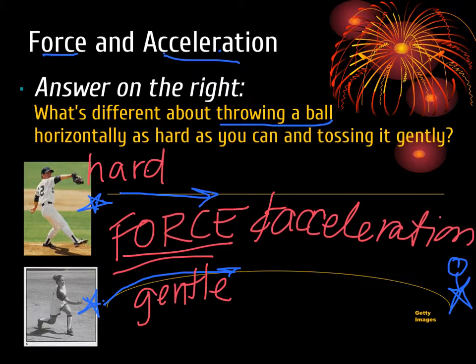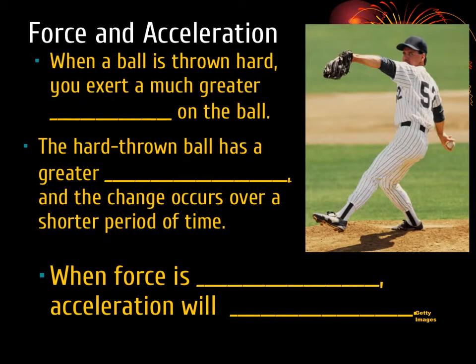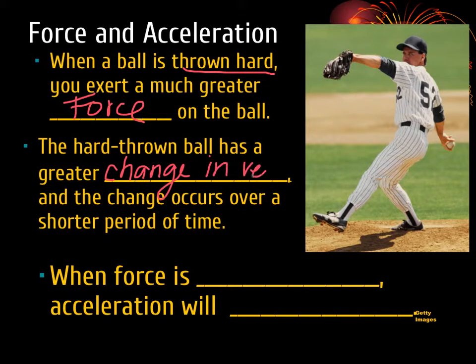So let's think about how the acceleration will be different as the two forces occur. Well, as we know, when the ball is thrown harder with more force, I'm seeing a greater change in velocity.